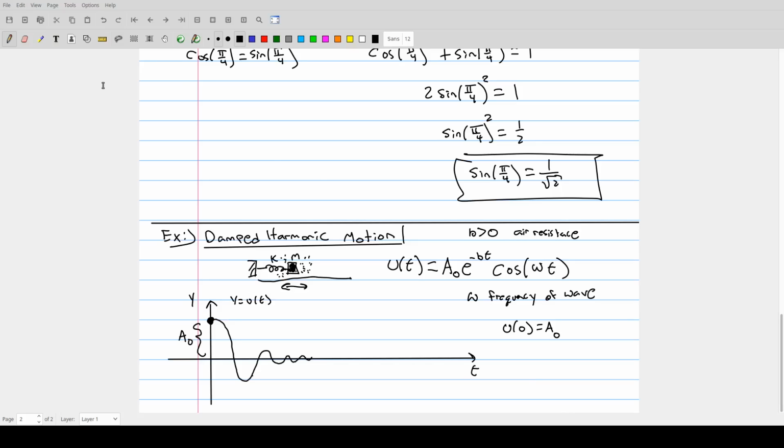If you go into Desmos and open up a plot window and plot the function, we'll say the amplitude is 3, so 3 times e to the, we'll say the damping rate is just 1, so negative t, times cosine, and we'll say the frequency is 2 pi.